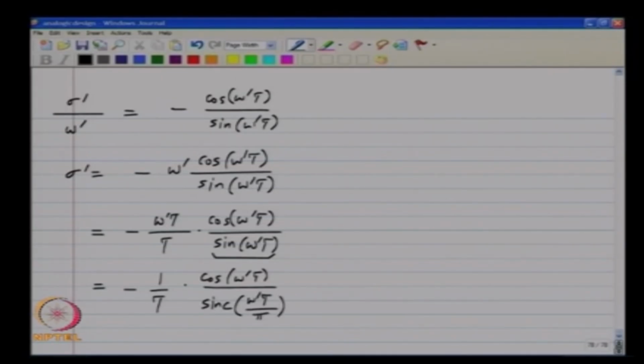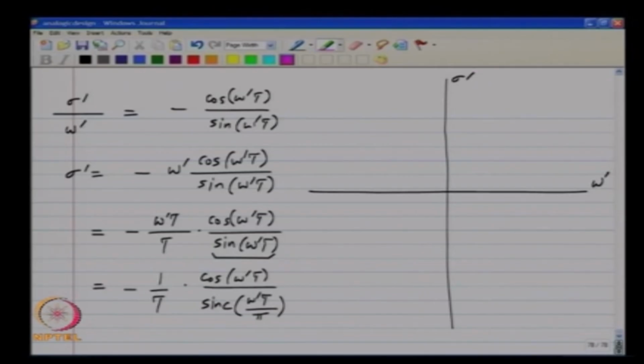Okay. So, that is what it is. It makes it easier to find out the value at omega prime equal to 0, etc. So, again I am going to plot this with omega prime as the x axis and sigma prime as the y axis. Okay. So, first of all, for omega prime equals 0, the cosine is 1 and the sinc is 1. So, the result will be just 1 by tau.